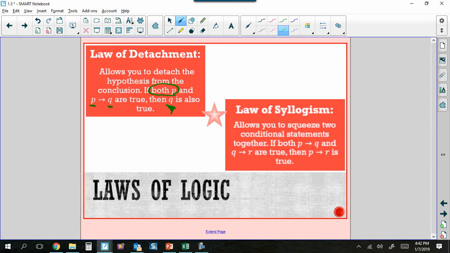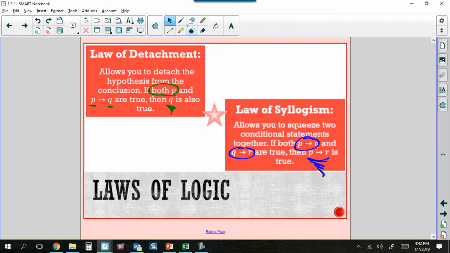Okay, and then our law of syllogism allows us to squeeze two conditional statements together. So you could say, for example, if P then Q, and if Q then R, then basically they're both connected by Q. If P then Q, then R, you can cut out the middleman, take Q out, and P then R must be true as well.